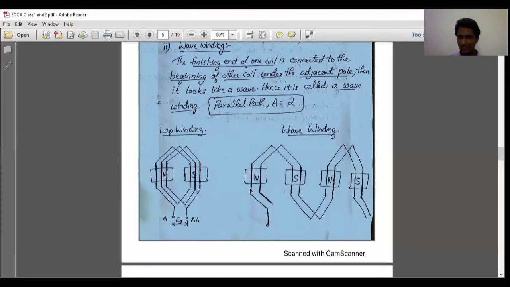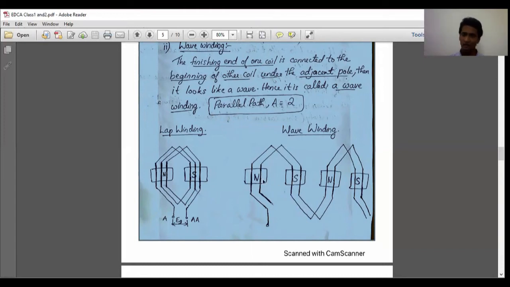This finishing end of this coil is connected to the beginning end of another coil under the adjacent pole. Clear? This north pole and south pole constitute a pole pair.